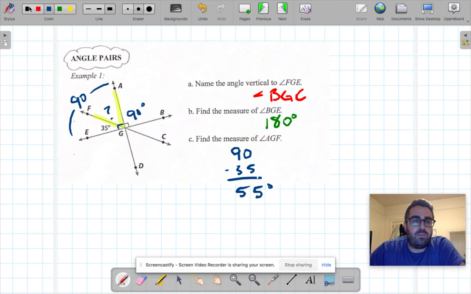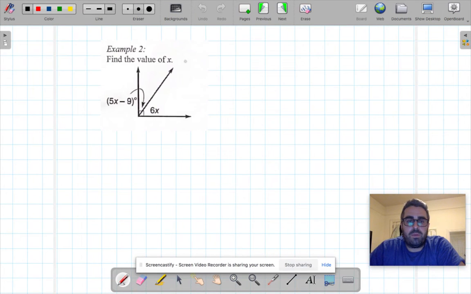Okay, let's look at some more problems where we actually have to do a little bit of algebra to solve. So the next example, we see a right angle. And I know that because I see the box, right? That's indicating this is 90 degrees. And let me write that in.